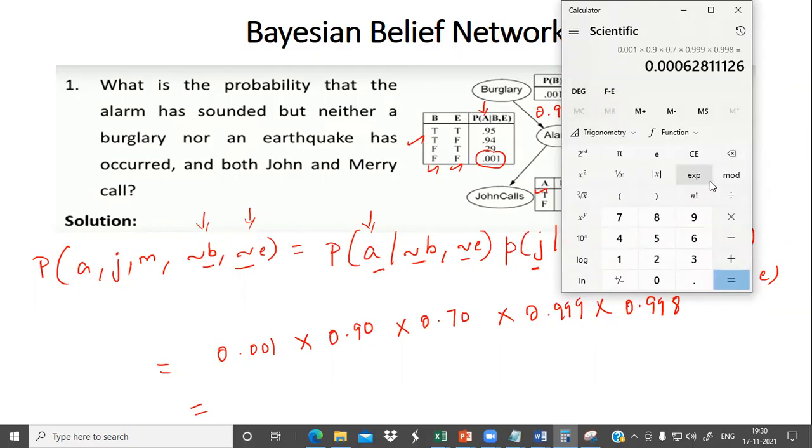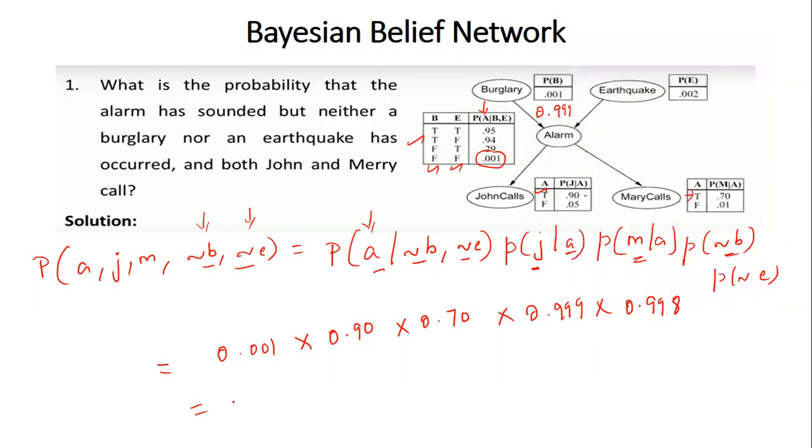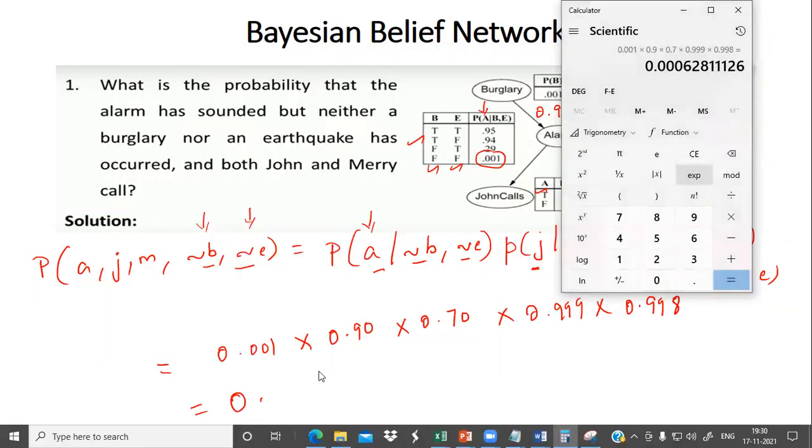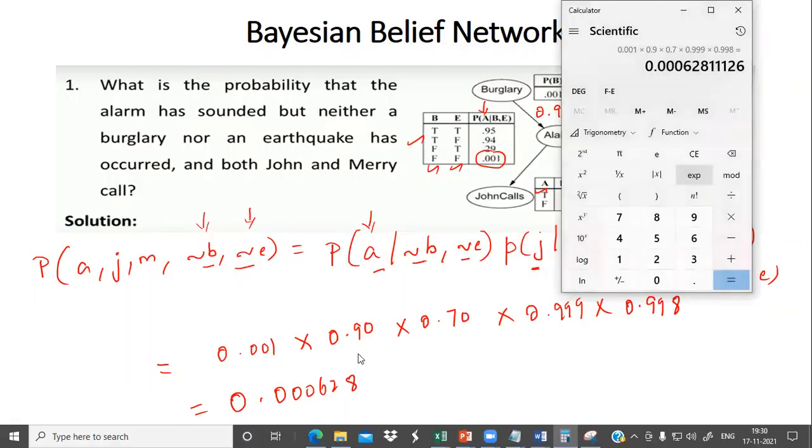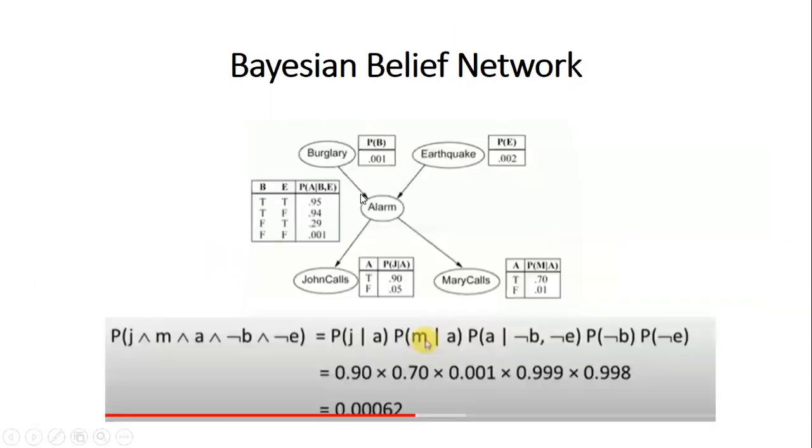Okay, so what we are getting, the answer is 0.000628. This is the probability of occurrence of this particular event. So yeah, our answer is correct. This is what the answer is, 0.000628.